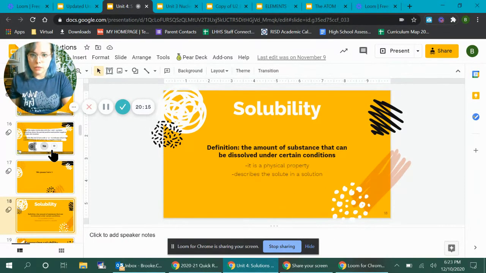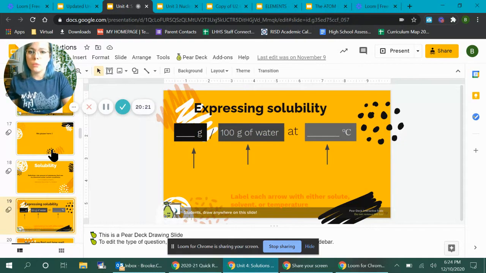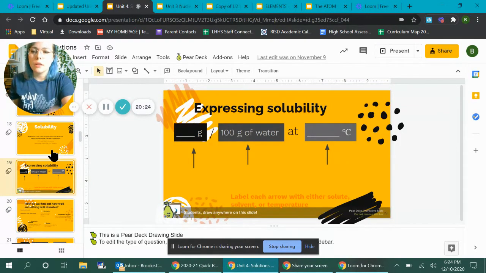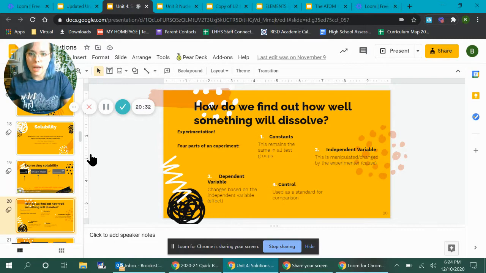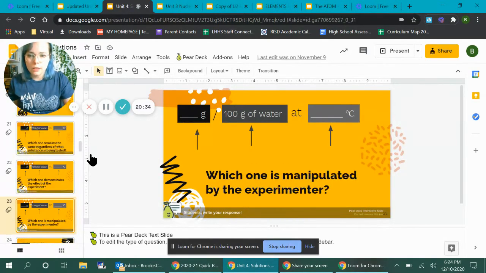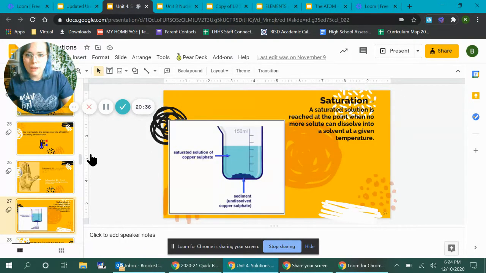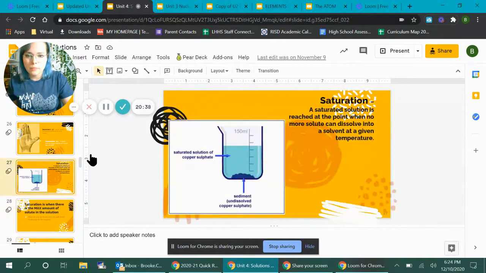All right, let's talk about solubility. Solubility is the amount of substance that can be dissolved under certain conditions. So in this case, the solute is at the beginning, this is the solvent, and this is the temperature. When you're looking at a graph, I will get to the graph. Well, let's talk about saturation real quick.